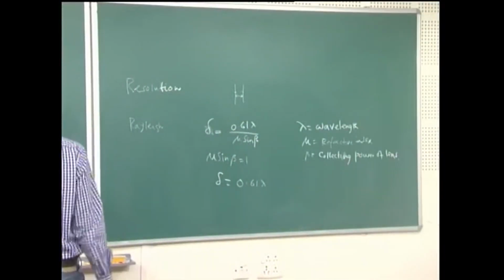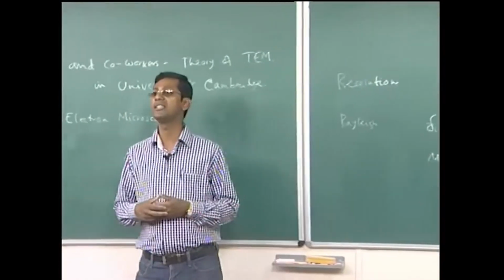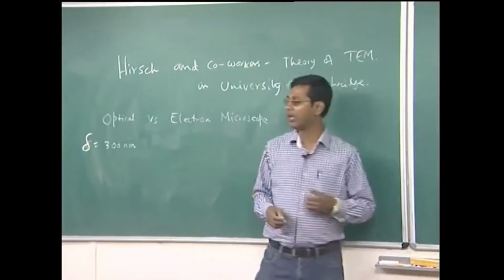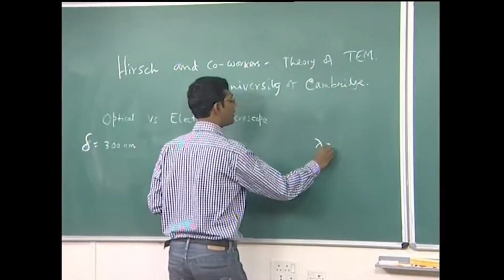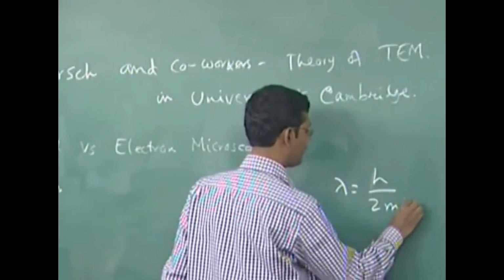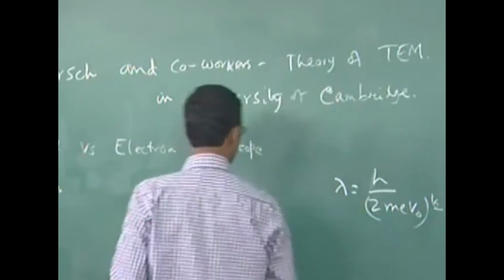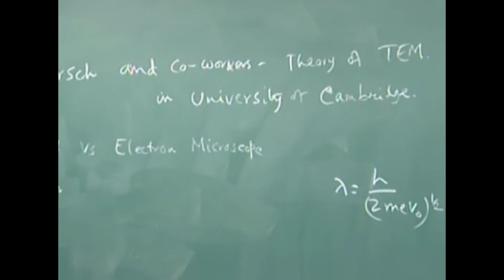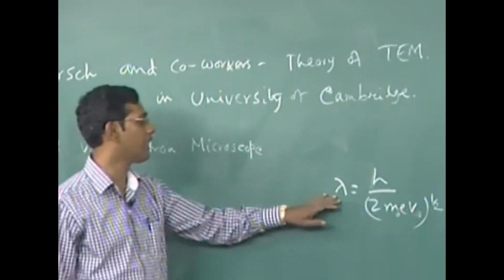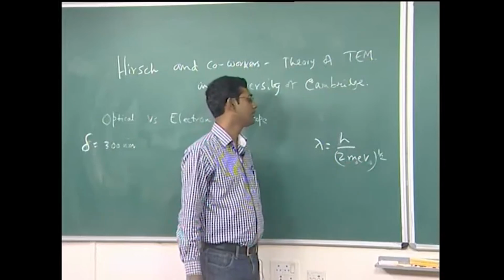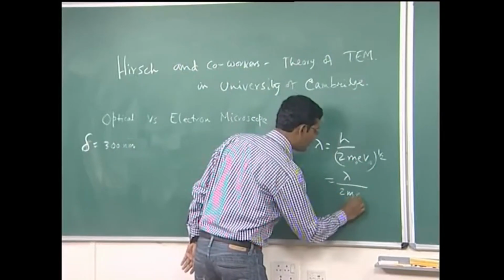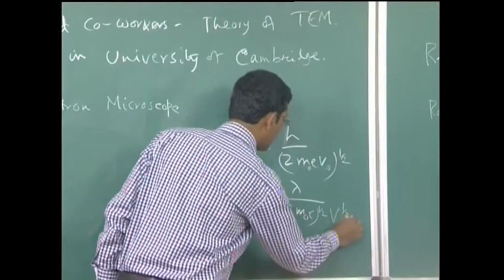The wavelength of an electron depends on the accelerating voltage, and is normally given by the formula lambda equal to h divided by (2 m0 e V) to the power half, where 2 m0 e is a constant, and V to the power half.